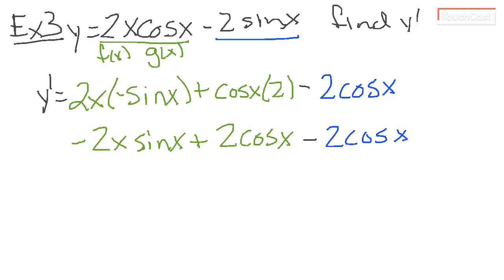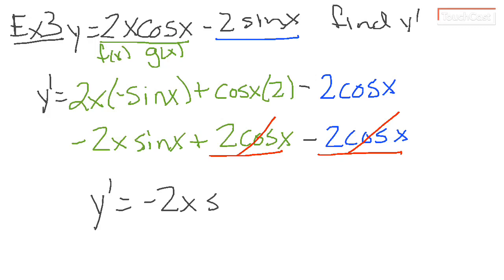Now I do notice something here. We have a positive 2 cosine x and a minus. Those are actually going to cancel each other out. So we've actually cleaned it all up. Y prime is going to be negative 2x sine x.